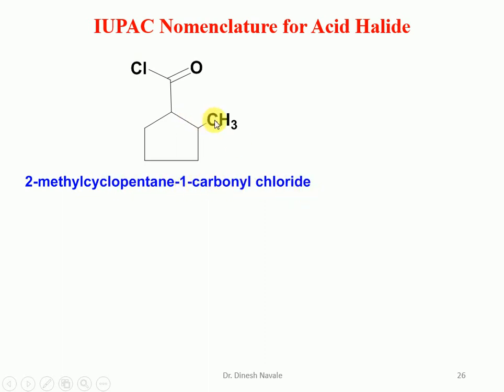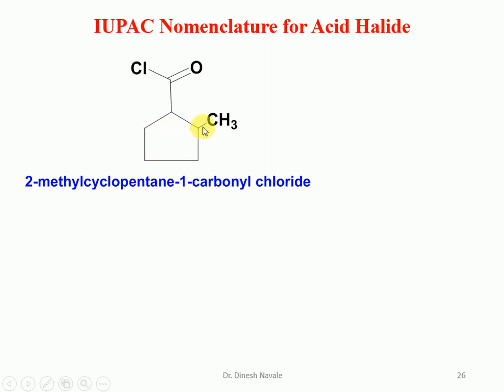What is the position of methyl? Now whenever there is a cyclic system, do not start the numbering from the carbonyl carbon. We have to give number 1 to the ring carbon atom on which this acid halide group has been substituted or bonded. So this will be carbon number 1, then 2, 3, 4, 5.